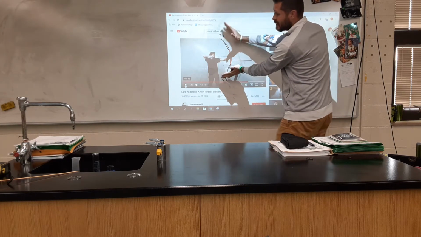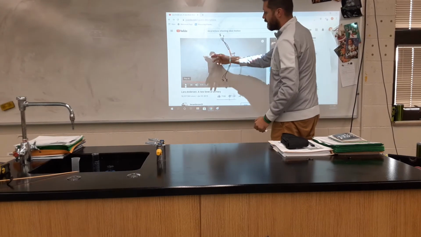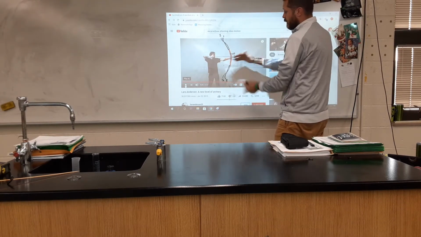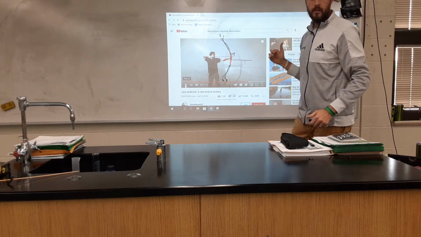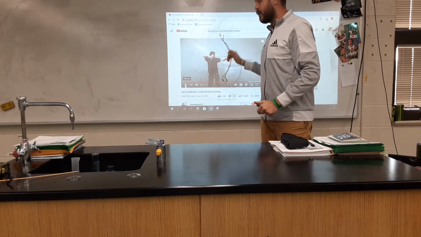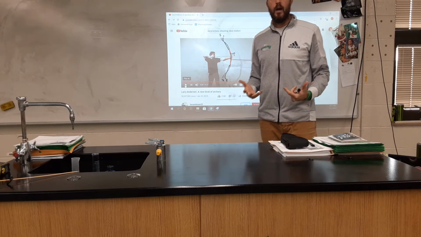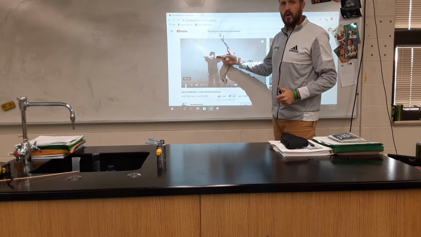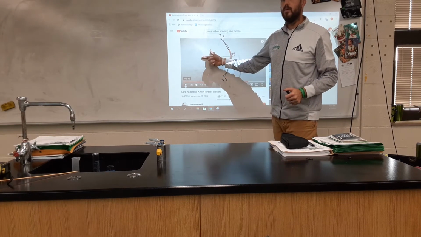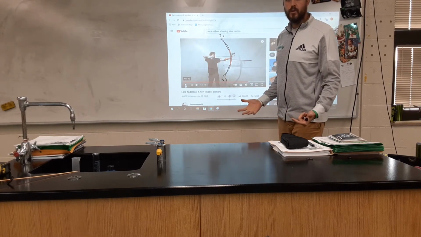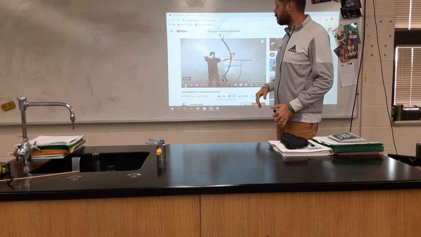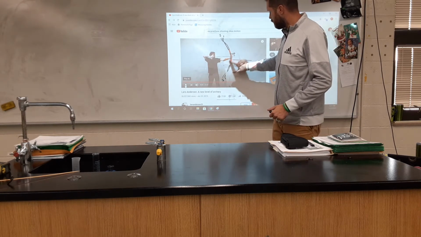So we're compressing the bow. When we let go, the bow flexes back and shoots the arrow. A recurve bow is a really good example of elastic energy. The farther back you pull, the more potential energy you store in it.